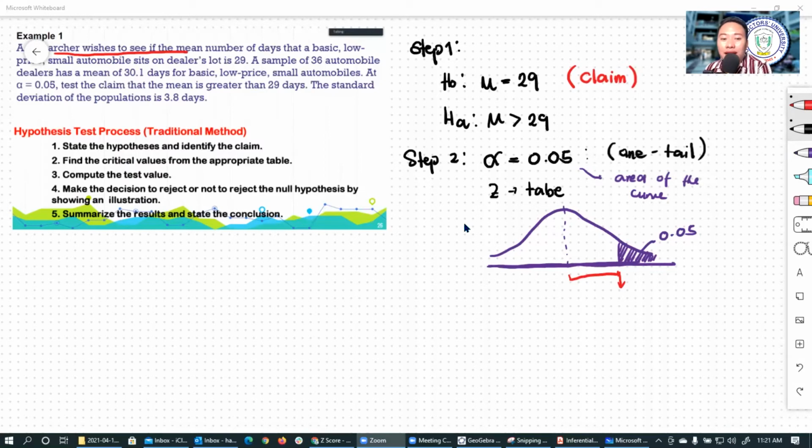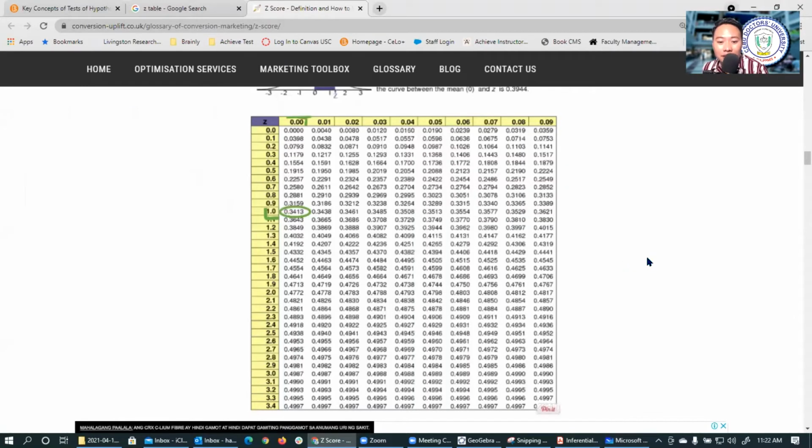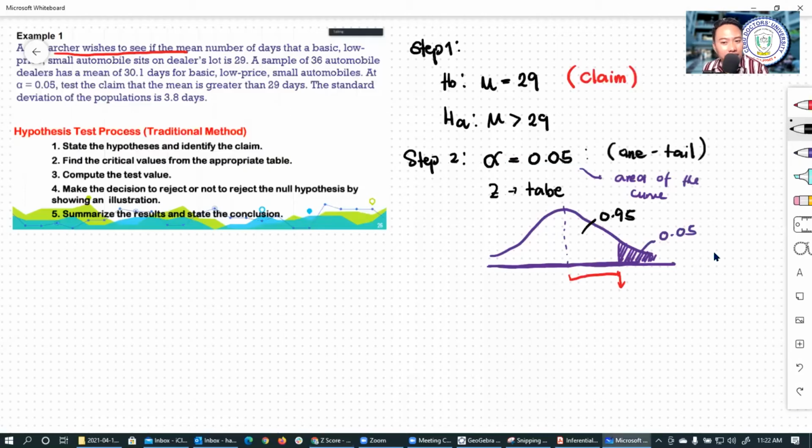Very good. That's going to be 0.95. This gives us an idea that this one here is 0.95. Agree? Or 0.95 or 0.45? 0.45 maybe. Let me use my calculator.